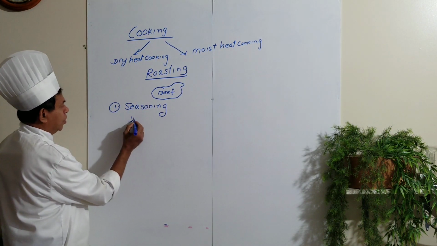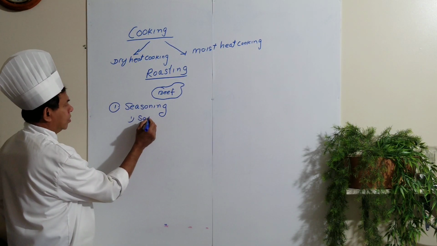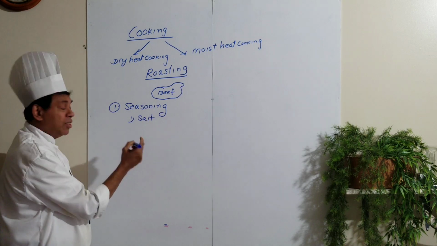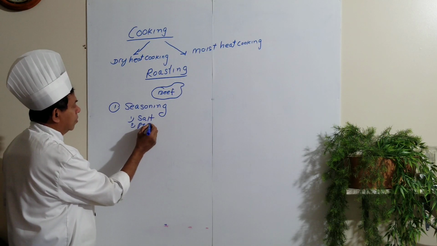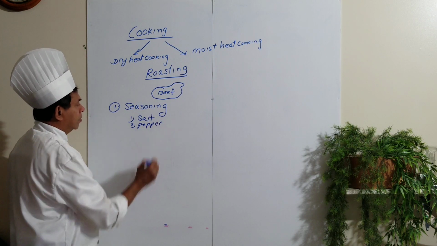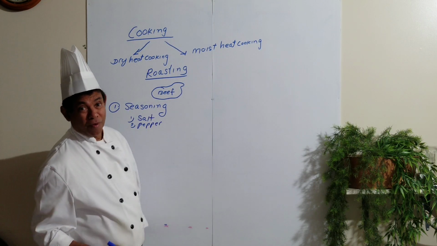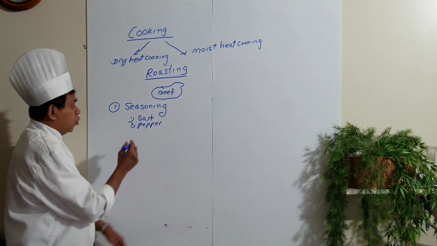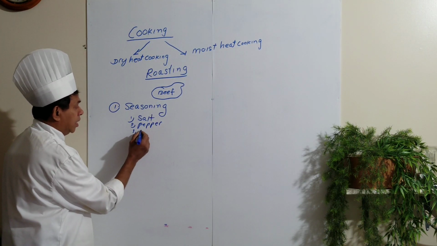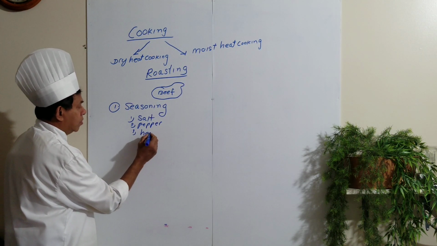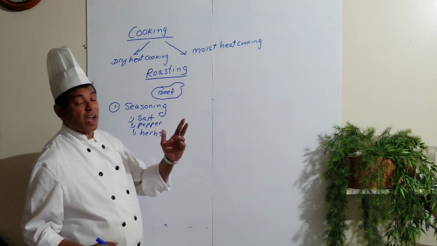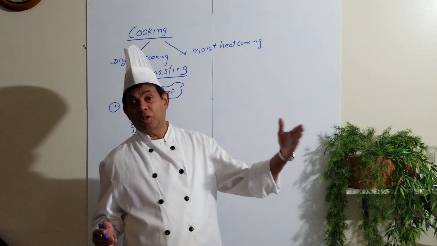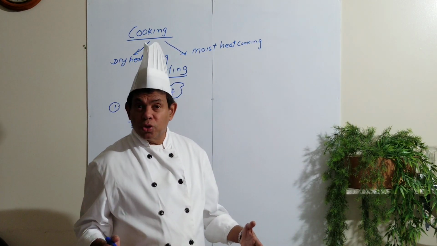First, salt. Second, pepper. Everybody knows that one. Then other than that, you can use herbs, different kinds of herbs. It depends on the meat, whatever you use.